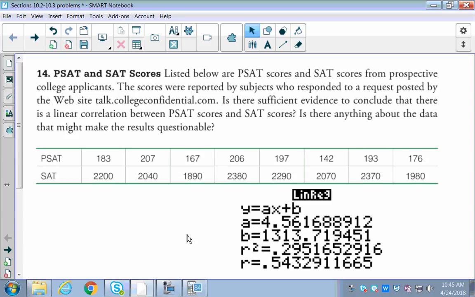I have to go with n being 8, and we're going to do this at an alpha of 0.05. So my critical value is 0.707. My R here is 0.543. Is that a good or not a good model?